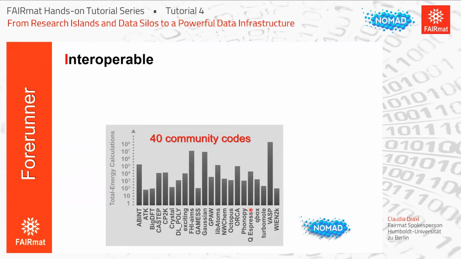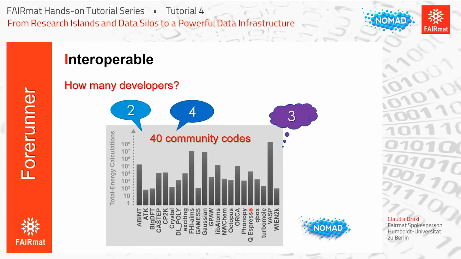You wouldn't like to bother the developers with this task, because if you ask how many developers are behind the codes, this may be 2 or 3 or 4 in a very big effort, maybe even only 1. These people develop codes because they want to do science. They don't develop codes because they want to bother about data formats or things like that.